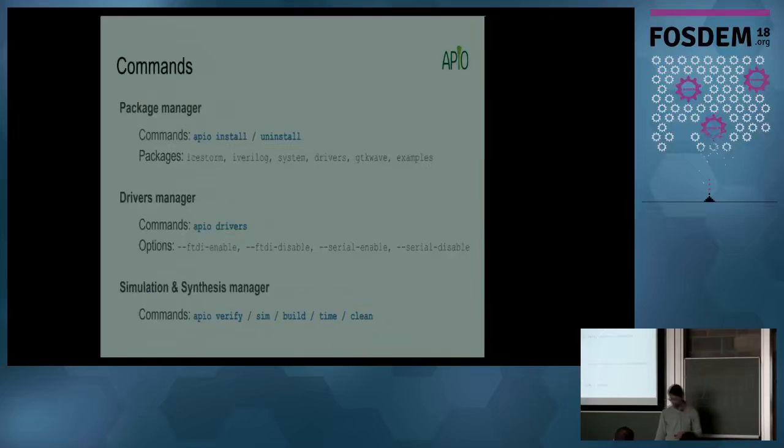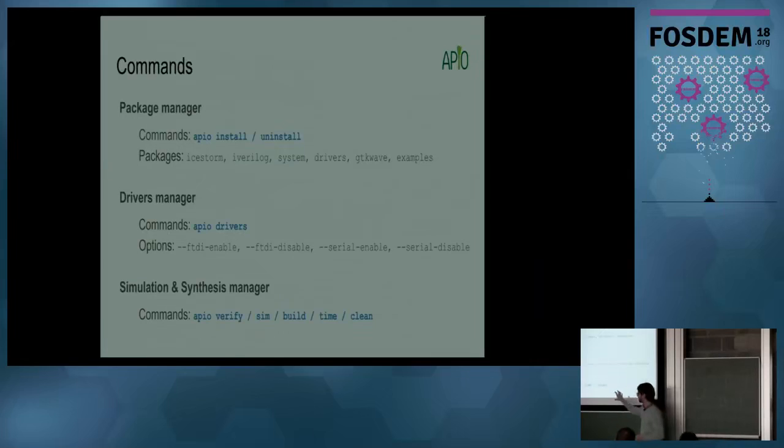So the commands. For the package manager, you can just use apio install and apio uninstall. So if you type apio install icestorm, it downloads all the tools for any architecture: Linux, Mac, Windows, ARM, and 32, 64, everything. Then you can also use apio drivers to enable FTDI or serial drivers.